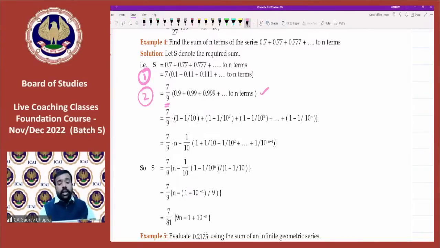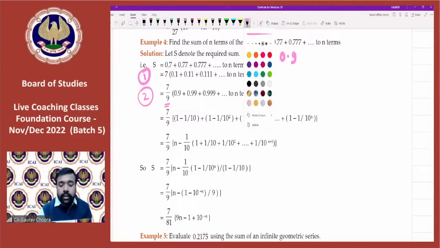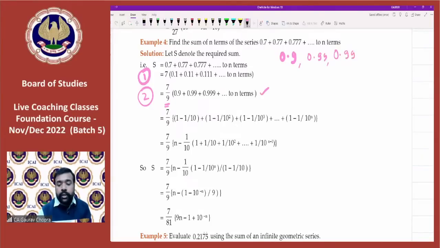Now this time all the values are in terms of 0.9, 0.99, then 0.999, and so on. So all these are now close to 1. So this 0.9 can be written as 1 minus 0.1. Then 0.99 can be written as 1 minus 0.01.